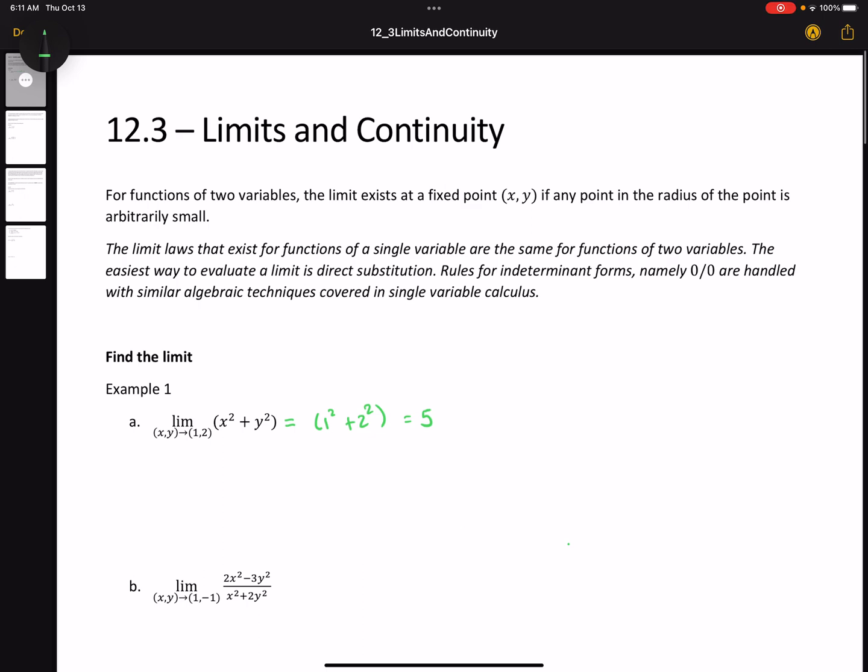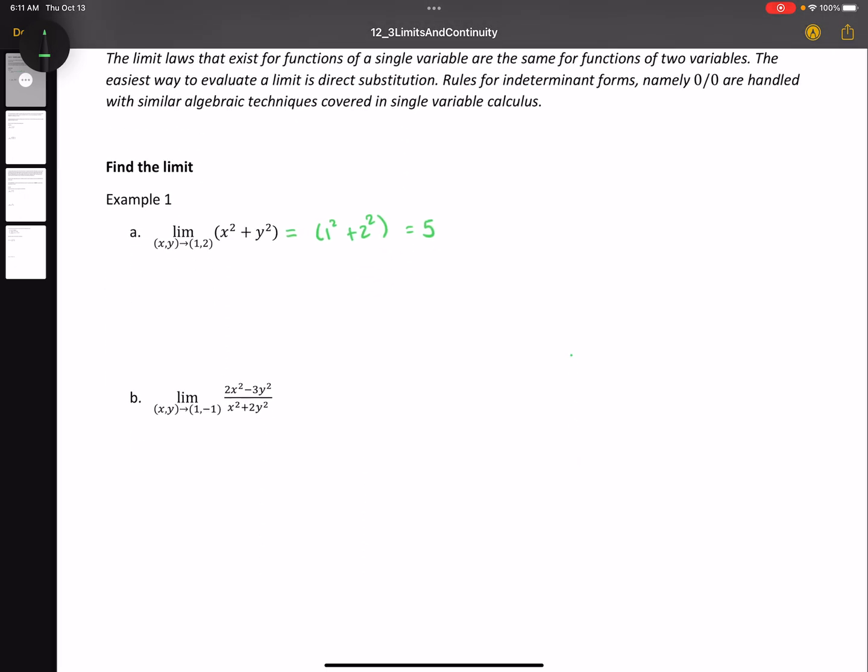Very easy. For our second example, it's kind of the same thing. We can just substitute the point in directly without any problem, even though we do have a rational function. Because we have two things that are squared, as long as both of them are not 0 at the same time, we don't actually have any problem. So we can substitute in the point 1, negative 1.